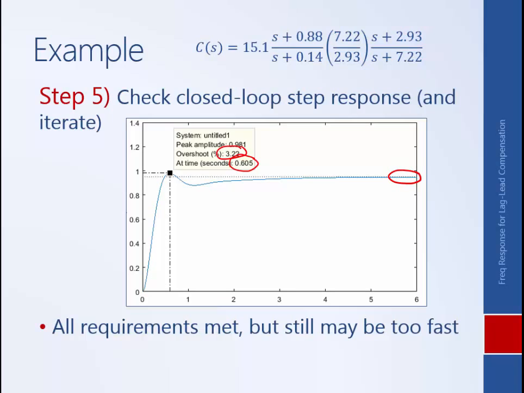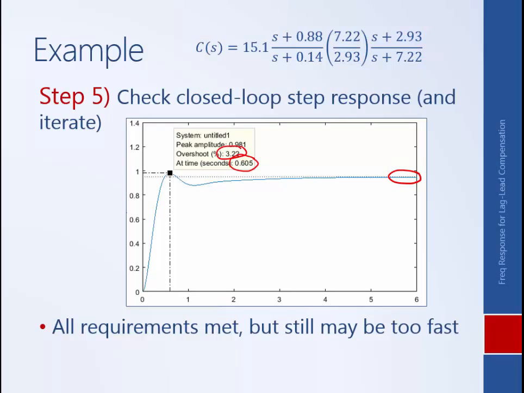One other thing that I'd like to point out, here you see that we have this sort of slow tail on our response, and that's due to the slow pole of the lag compensator. So this motivates why we don't put the center of the zero and pole more than a decade below the new crossover frequency. This is also something to consider.